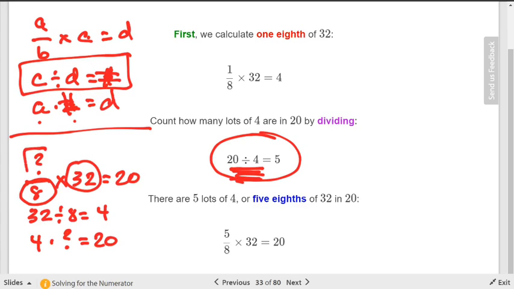I would normally multiply it times the top number. But do I know what the top number is? No. So instead, what I have to do is reverse the process. So instead of multiply by 4, what will I do? Take the 20 and divide it by 4. And that will tell me the top number. Okay? So if you're missing a piece, to find that piece, you must go backwards. Use the opposite. Okay? All right?